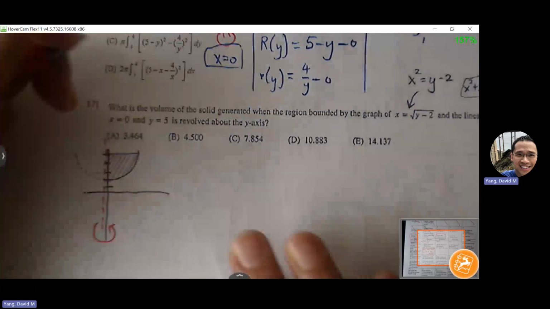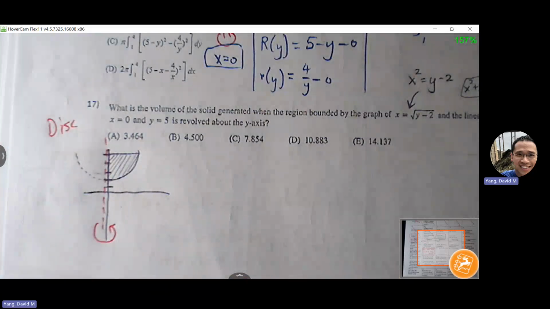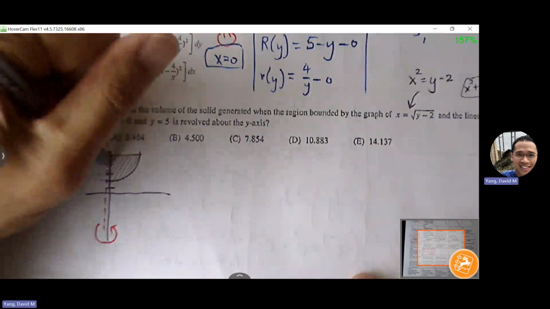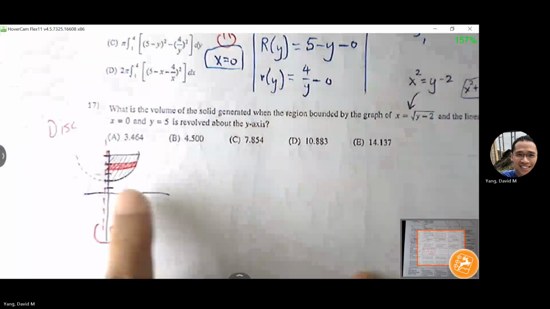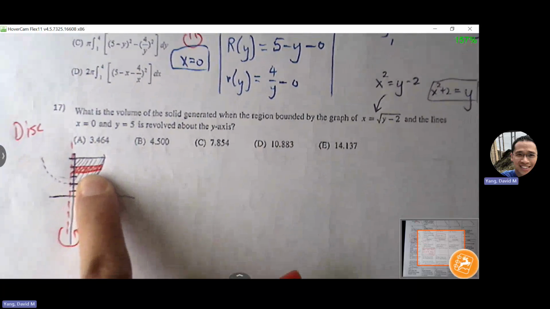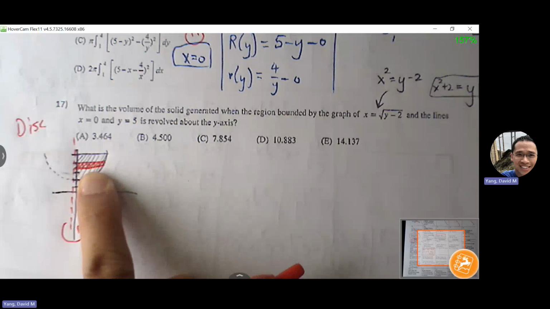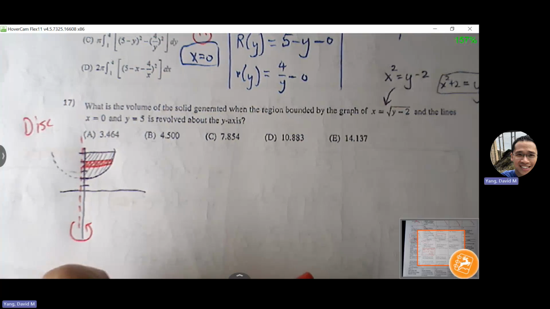But here we said the disk method, and all we need is one radius. From the dotted line, we can extend to our boundary, and we see a horizontal radius. So how do our equations have to look, in terms of what?